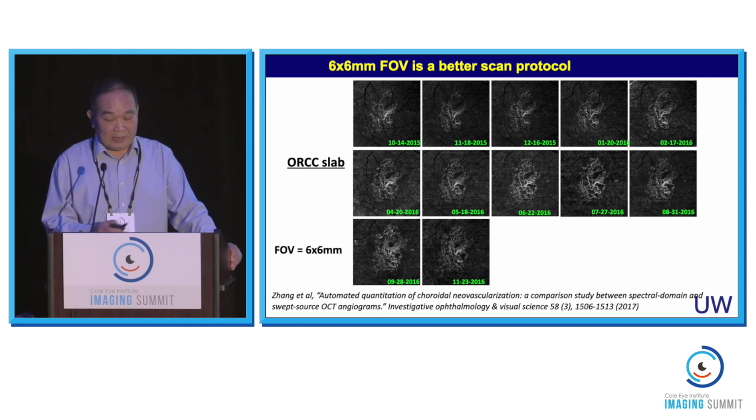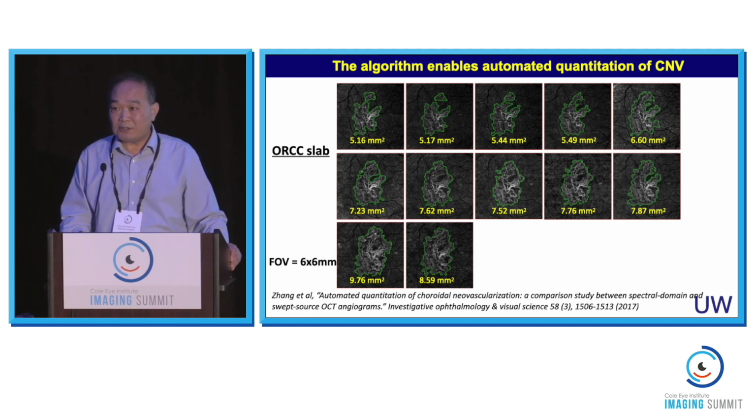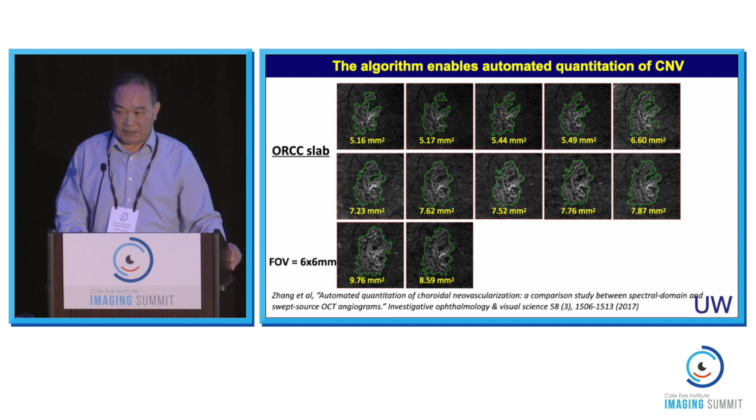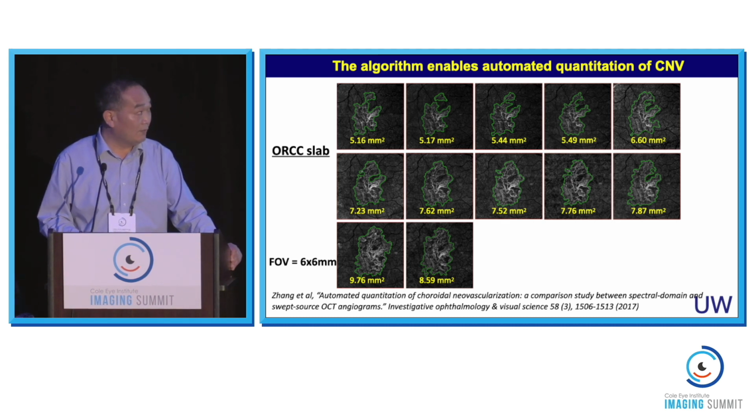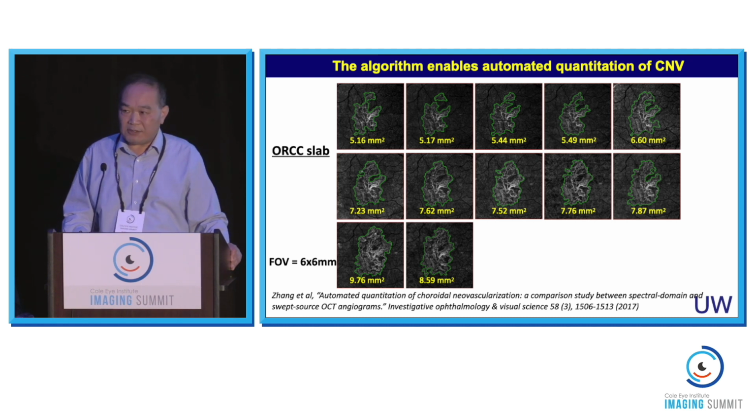And we have developed an automated algorithm to quantify this CMV, and that gives you a pretty accurate quantification of the lesion evolution over time. The algorithm can be used not only to quantify the progression of this lesion, but also the regression of the lesion if the patient receives treatment.